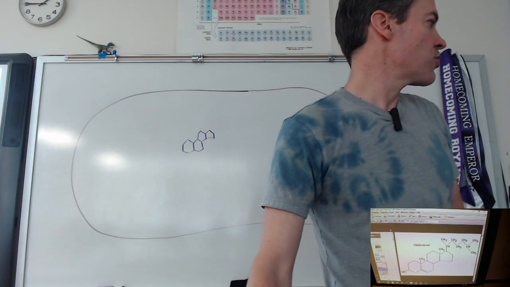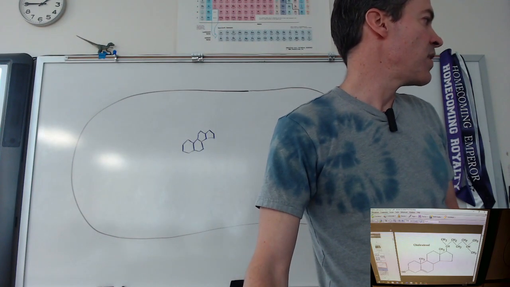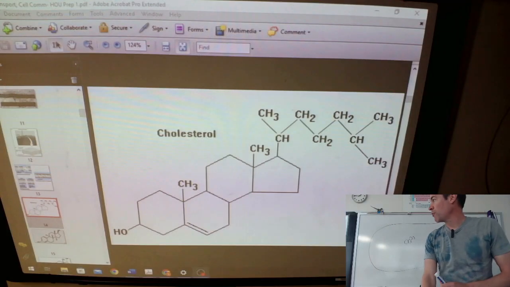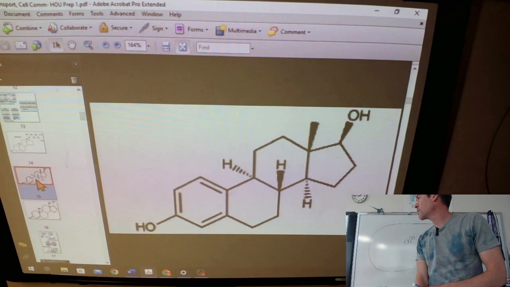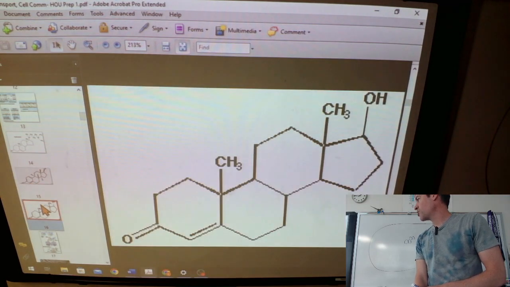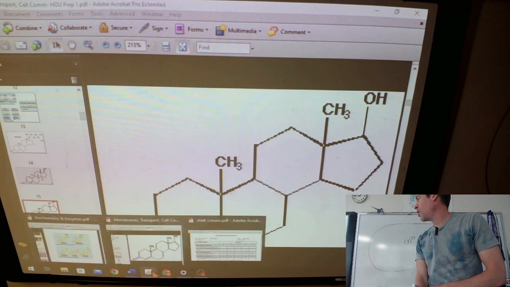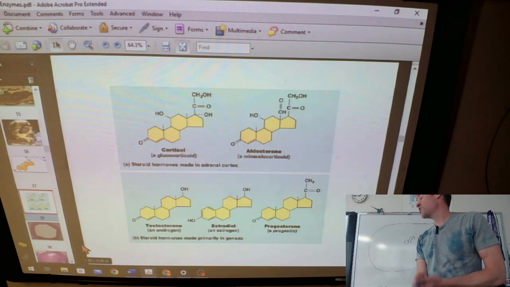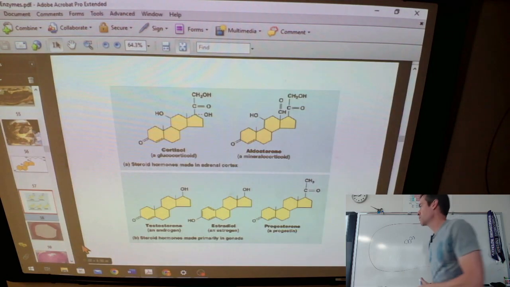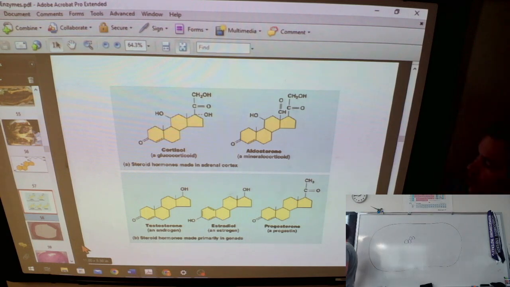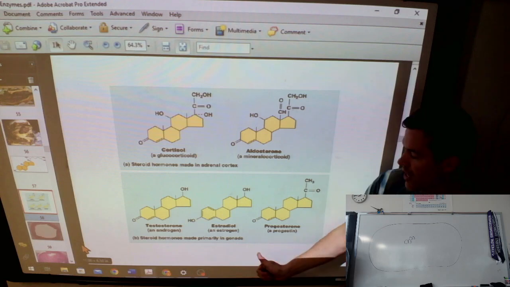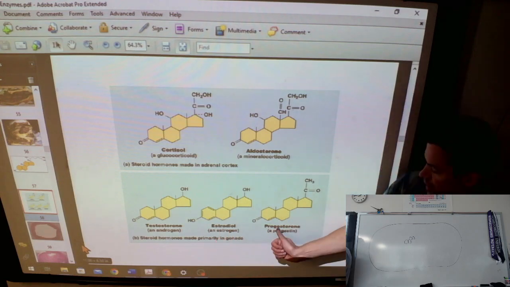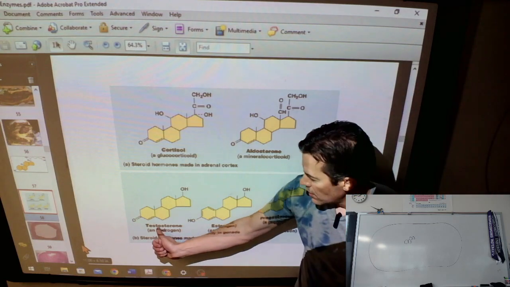Cholesterol is interesting because we'll look at this several times, but there's all kinds of hormones that come from cholesterol. And we call hormones that come from cholesterol steroid hormones. Cholesterol, steroid: aldosterone, estradiol, progesterone, testosterone.